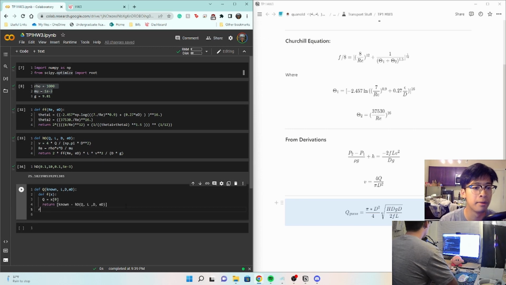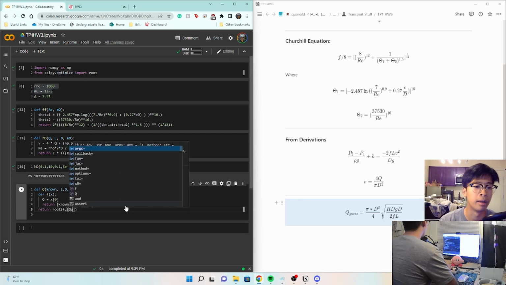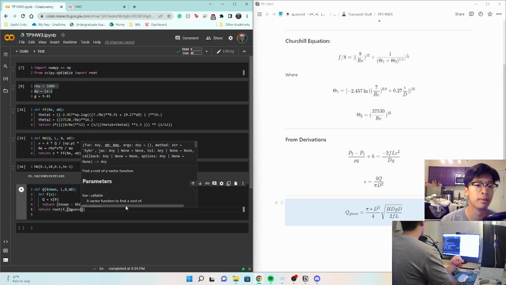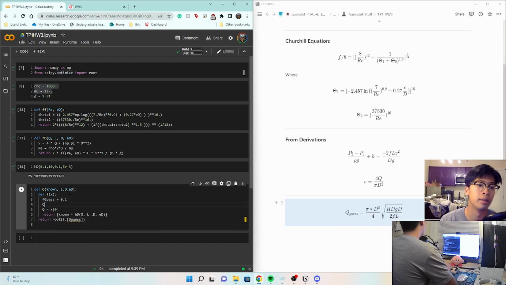From all that, we return the root, and we're root solving f and plugging in a Q guess, right? That Q guess will be solved for by first defining f guess to equal 0.1 and Q guess to equal this expression on our right.